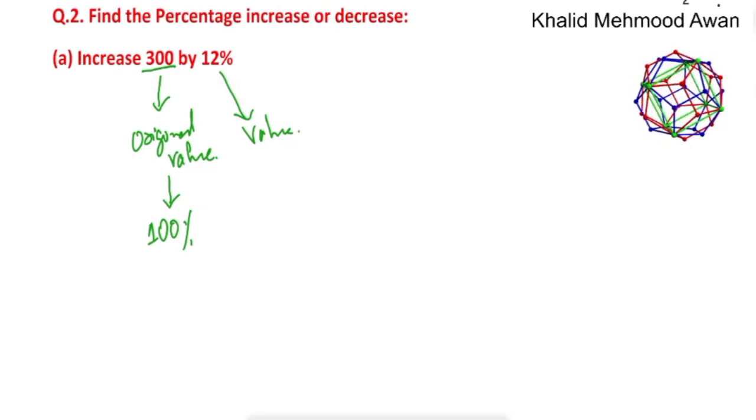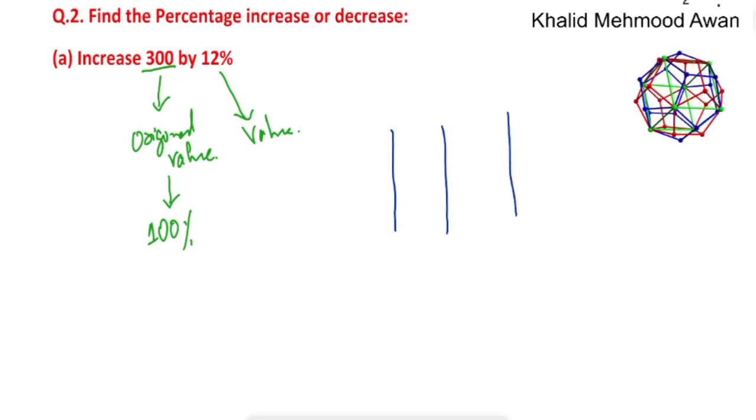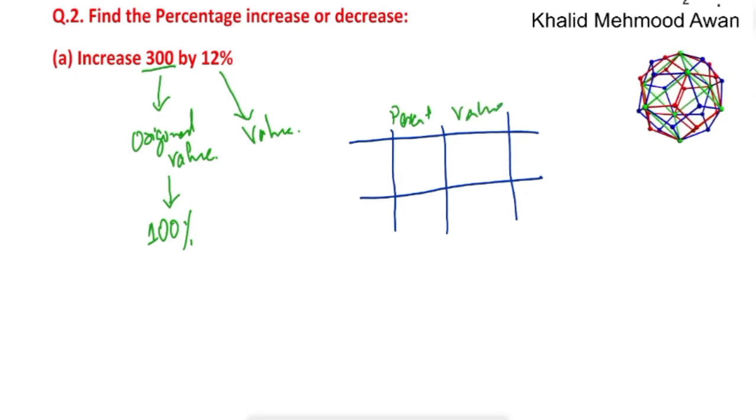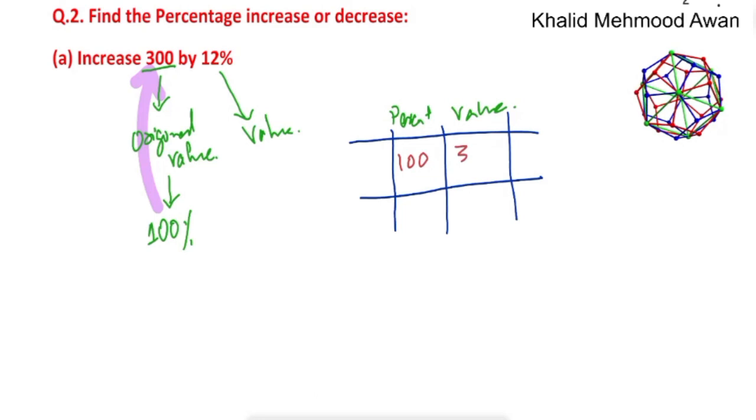So then again we'll be making a 2 by 2 table, and then we'll be naming them first as percent and the second as the value. So in the percentage column, there is 100%, so we're writing 100, and 100% is of 300, so we'll be writing 300.